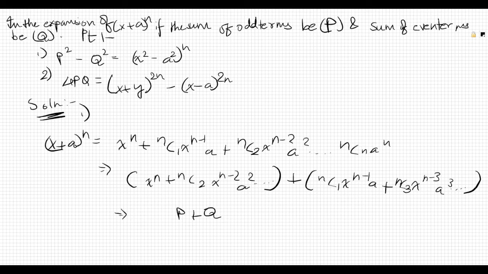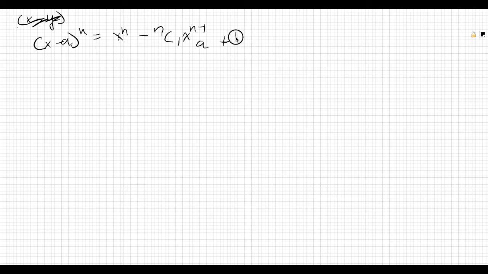Now let us expand (x minus a) to the power n. So what does this basically give? It gives us x to the power n minus nC1 x to the power n minus 1 a plus nC2 x to the power n minus 2 a squared and so on.